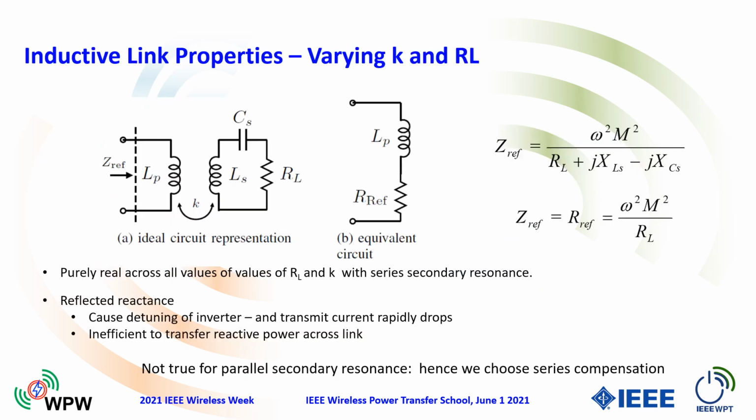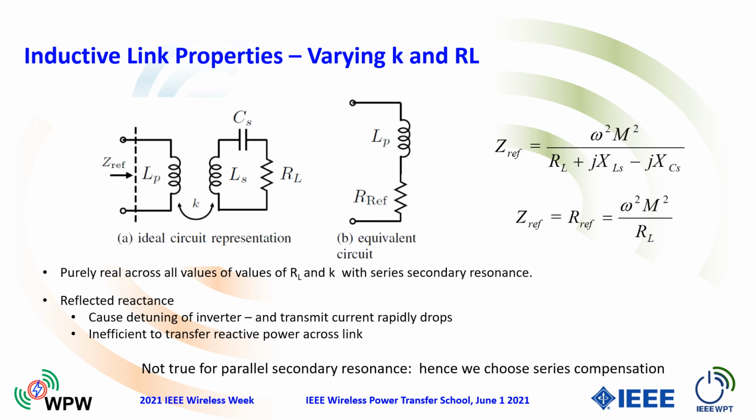One of the main issues, however, with the tuning here is what is the reflected impedance from the secondary circuit back to the primary circuit? And that's one of the key differentiators between tuning in parallel or series for the secondary side of the circuit.